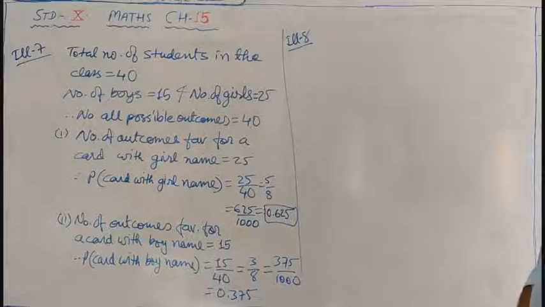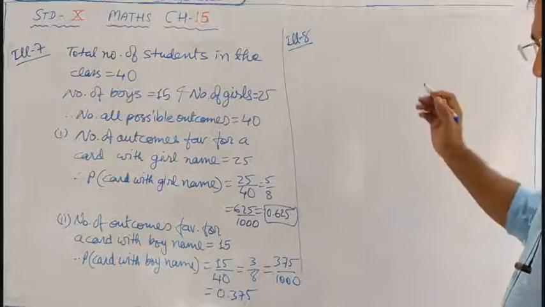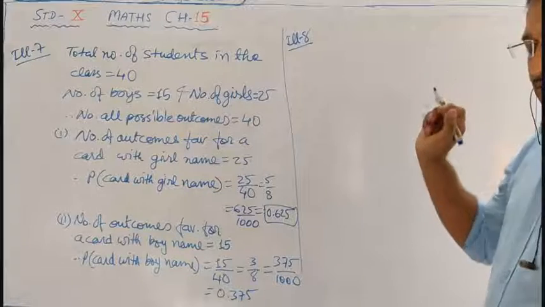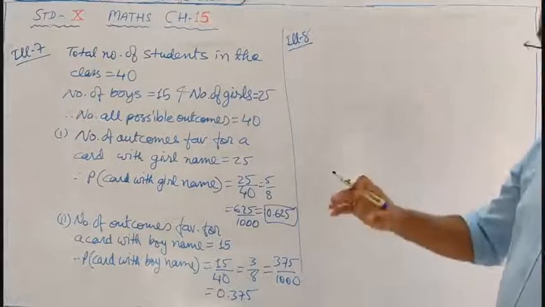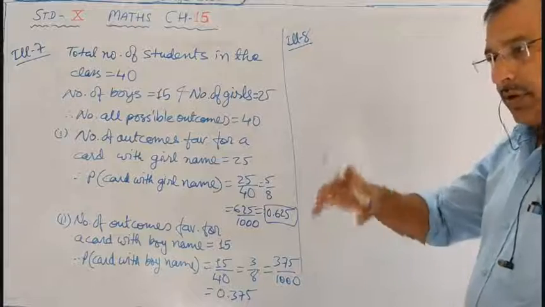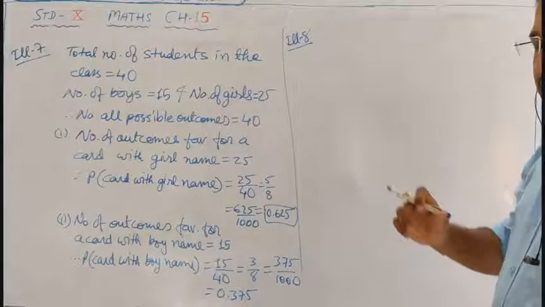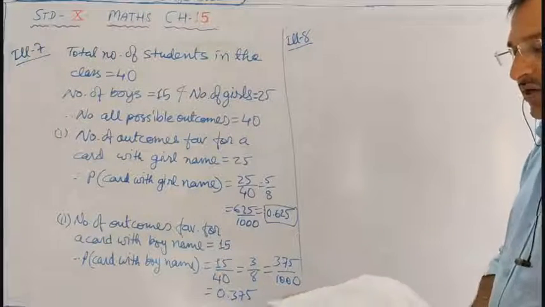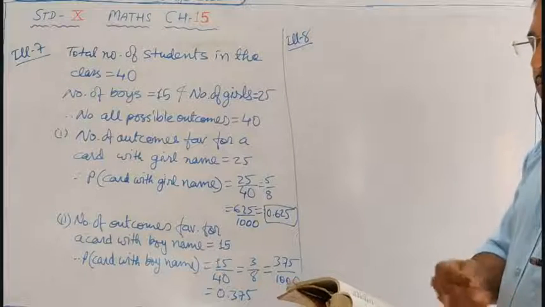That is the question. So first of all we have to go for total number of possible outcomes. That is the total number of balls. Whenever the marble is picked up from the box, either it will be a red, blue, or white.